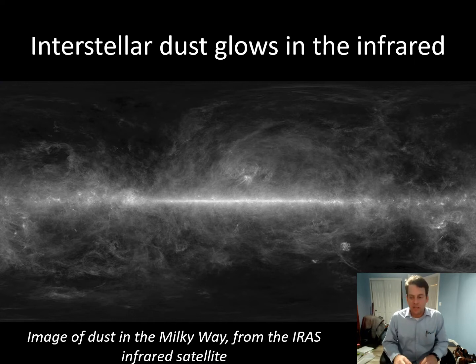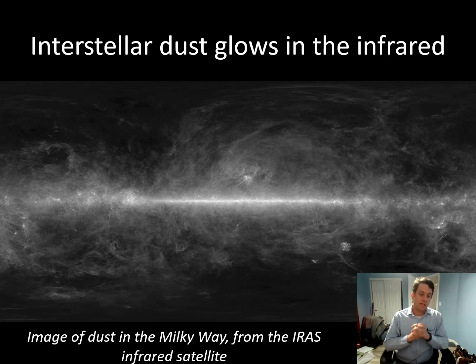Obviously we can't just look at it with our eyes, because looking at infrared light with your naked eye is really uninteresting: it just looks like nothing, because your eye doesn't register it. So you collect that with a telescope, and then you use digital processing to render it visible in some way.